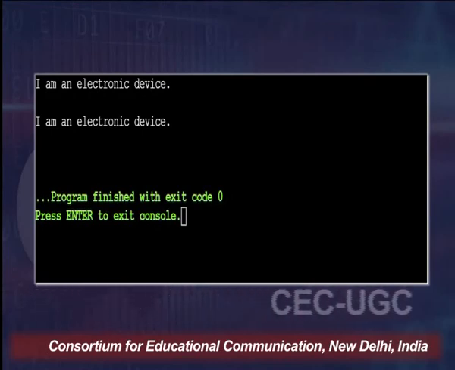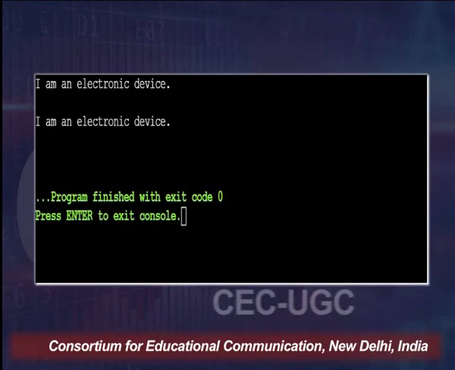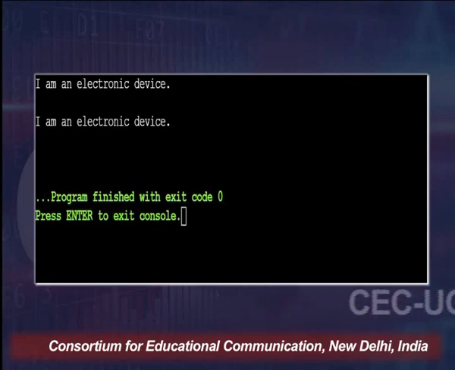So in this lecture we have completed two types of inheritance. One is hierarchical inheritance, which we have just seen, and previously we have also seen multi-level inheritance.